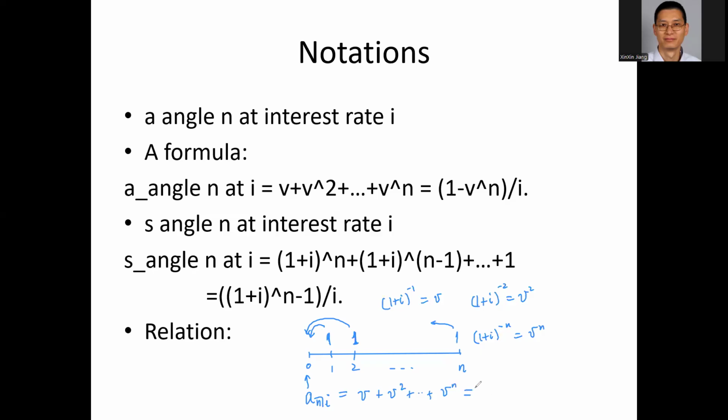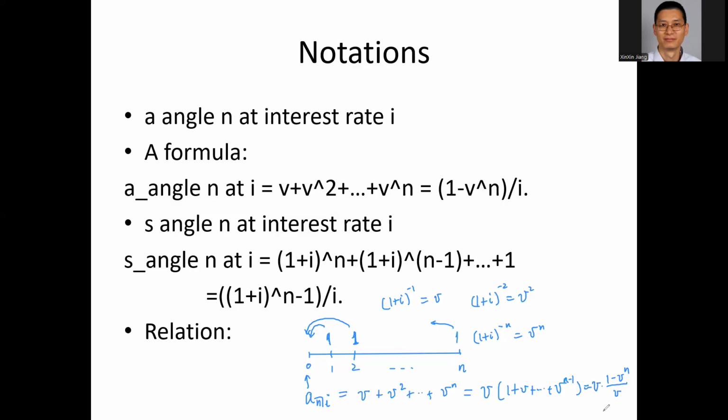And it's a geometric series. So we move out 1, we move out v, then you have 1 plus v plus dot dot dot plus v to the n minus 1.